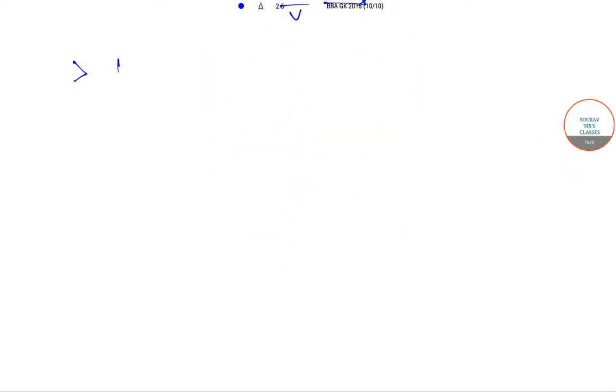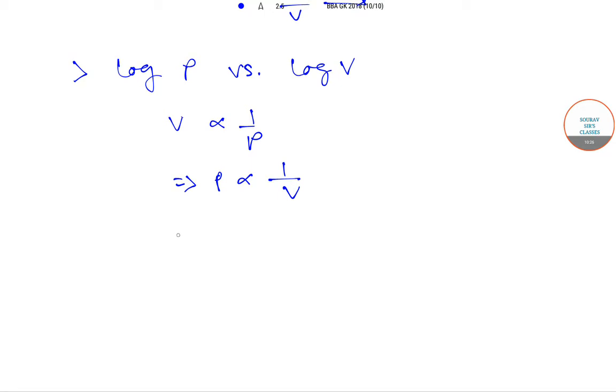So next is log P versus log V. The mathematical form of Boyle's law is V varies as 1 by P or P varies as 1 by V, or we can say P equals to K by V. K is a constant.